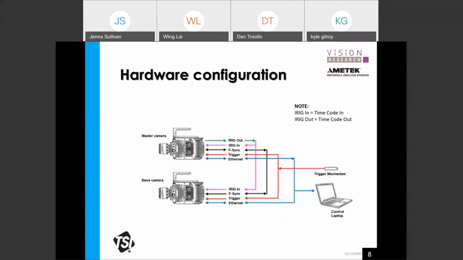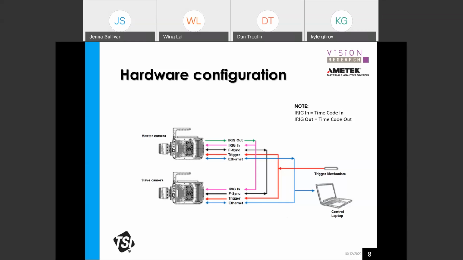And the last thing I want to mention before we progress is it's really important that when you connect these two cameras together, your trigger mechanism is also parallel. Think of it, for example, here's a pickle switch drawn. This pickle switch has a parallel split that goes into both the master and the slave cameras so that when you press the trigger button, each camera gets a simultaneous trigger, and the cameras will not only be in sync, but also trigger at the same time.